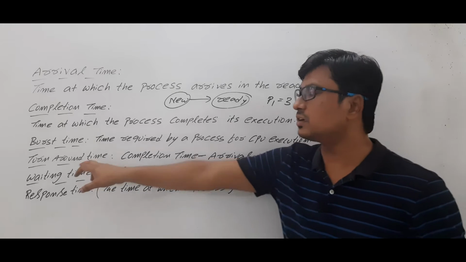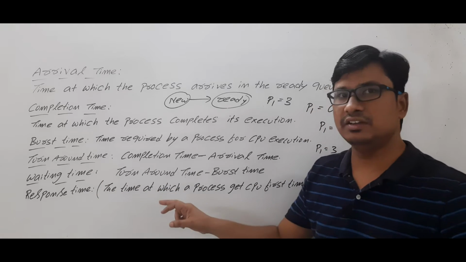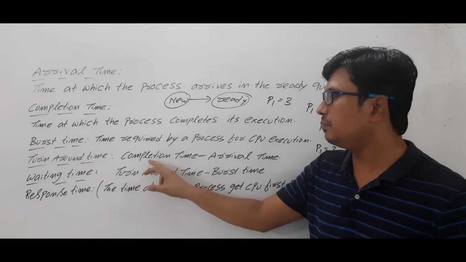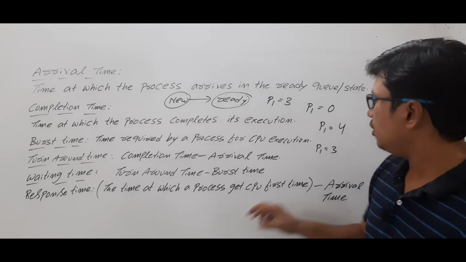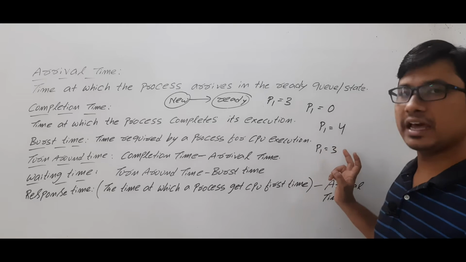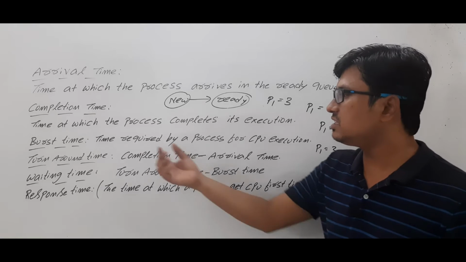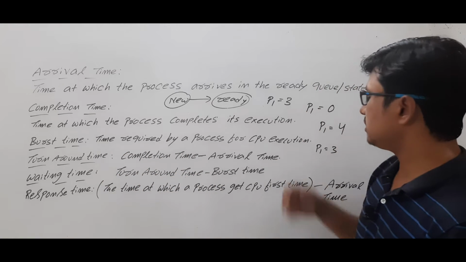Now, look at the turnaround time. Turnaround time is defined as the completion time minus arrival time. When the process P1 has completed its task and when it has arrived, if you find the difference between them, then you can easily find the turnaround time. Look at this example.